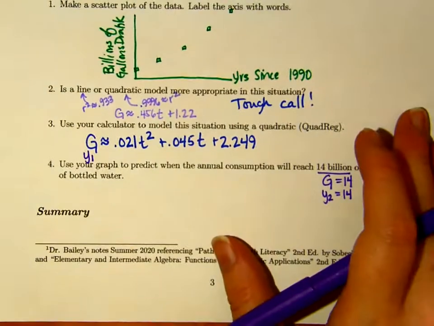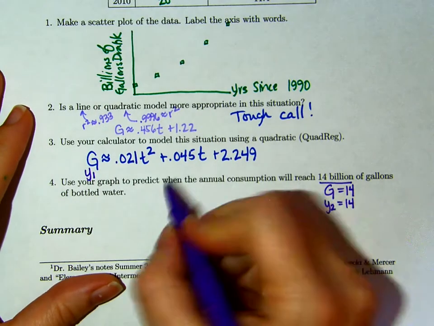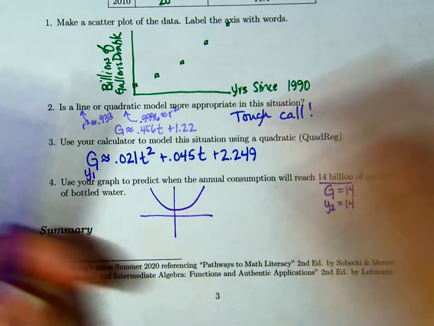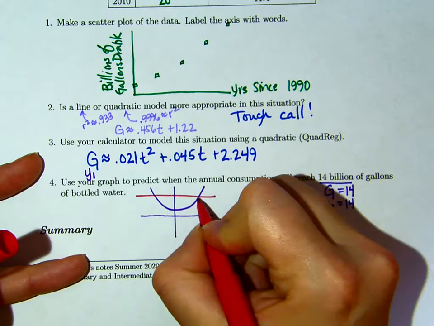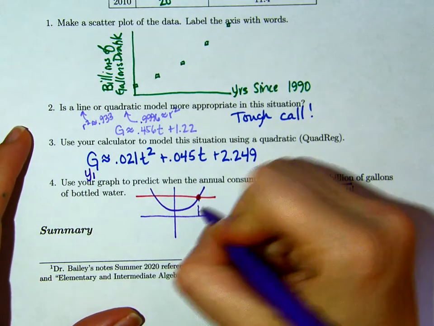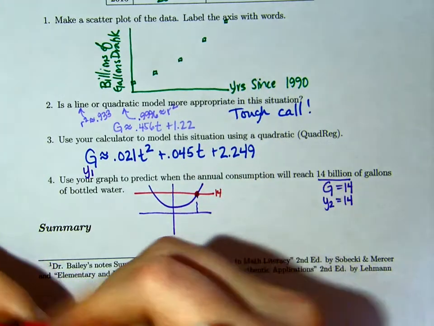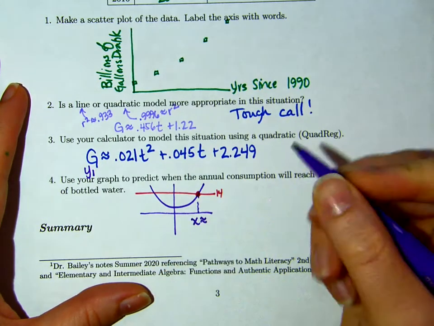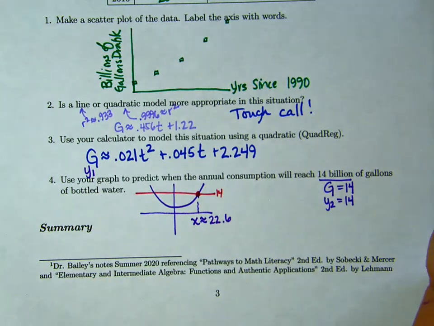Well, isn't that nice? So just to make a rough sketch of this, we had something like that, and here's where they met, and this was at 14, and that said that x is approximately 22.6, which of course to us is a t value.